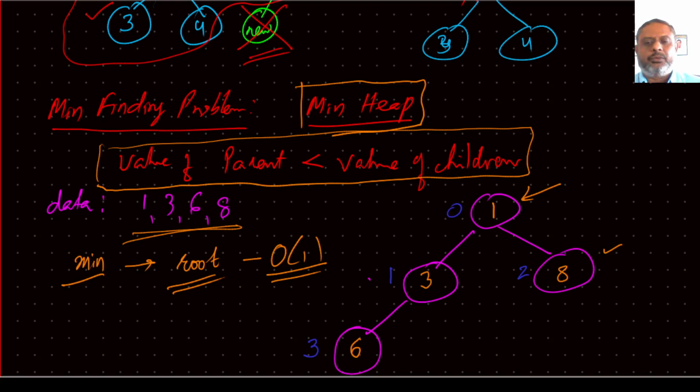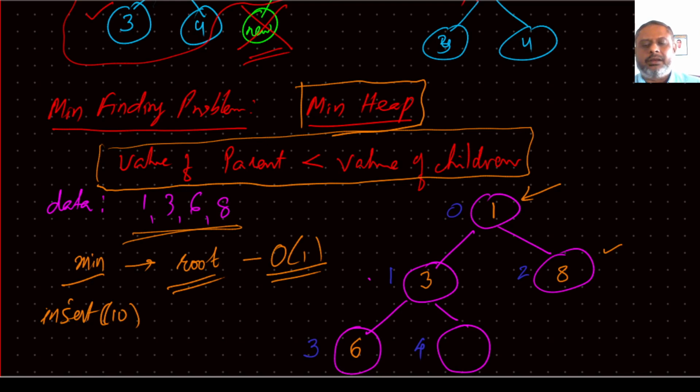Now if you add a new number, which you call insert, say you want to insert 10, where should it go? Of course it should go here, which is index 4. That's a property of the heap. If you want to add a new node, it has to be at this position only.